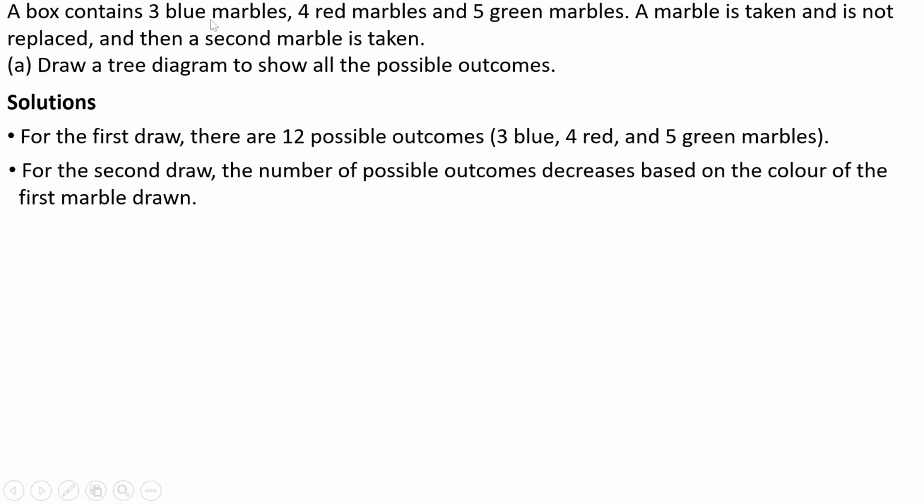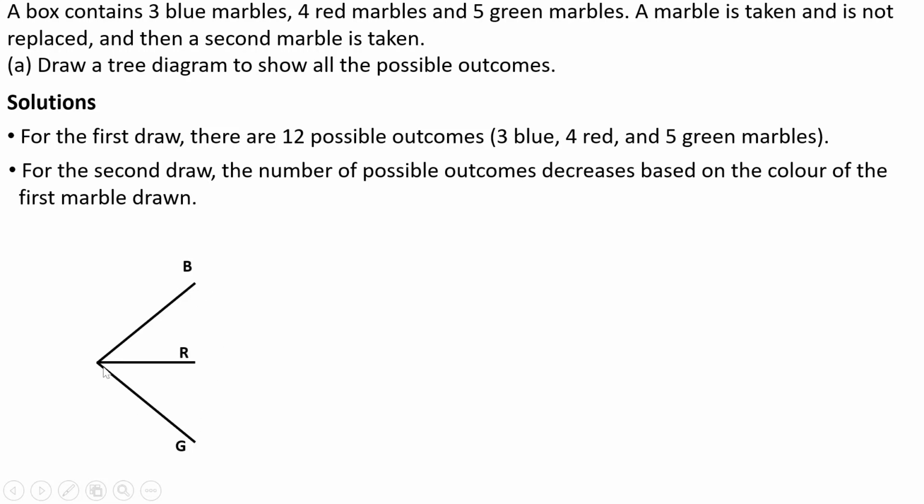Any marble that is drawn out of the box means the total number decreases from 12 to 11. So we can show that the marble picked first is either blue, red, or green.